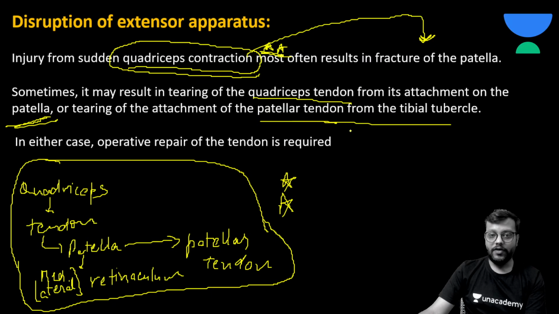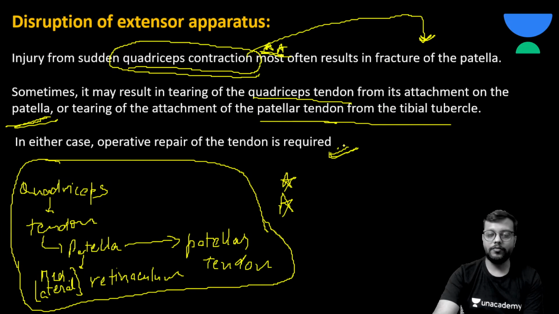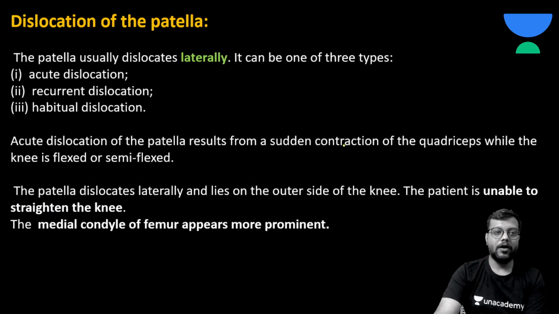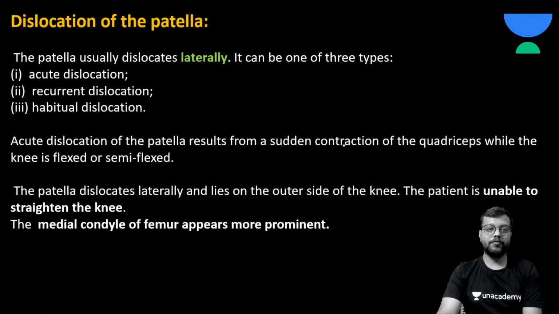Okay, and when these muscles or tendons are injured, you need to repair them operatively, most commonly by arthroscopy. Okay, now dislocation of patella.